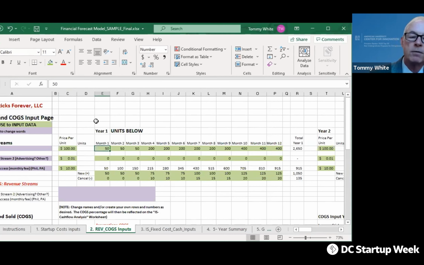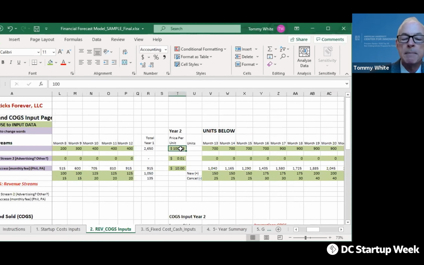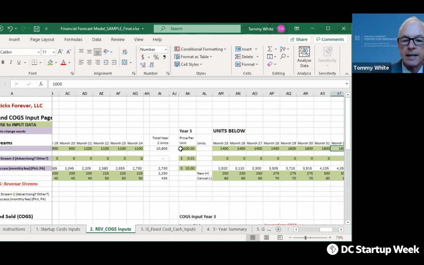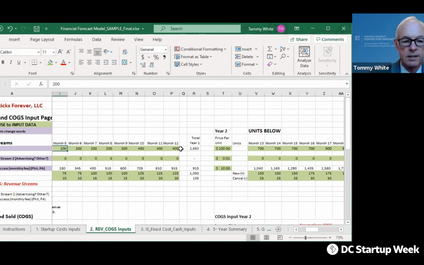And these are the number of lacrosse sticks I think I'm going to sell in each of the months. So my first month, 50, months 1, 2 and 3, 200 in months 4, 5, and 6, and so on and so on. And I built this out going forward. So I'm still keeping my price at $100, but you can see my units are going up each month as they go forward. And I'm growing by selling more and more lacrosse sticks.